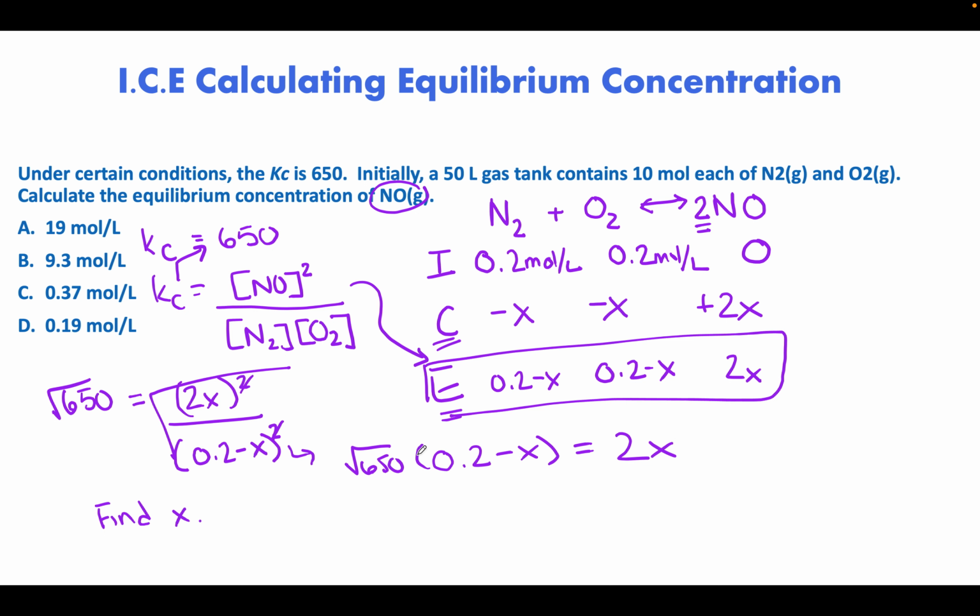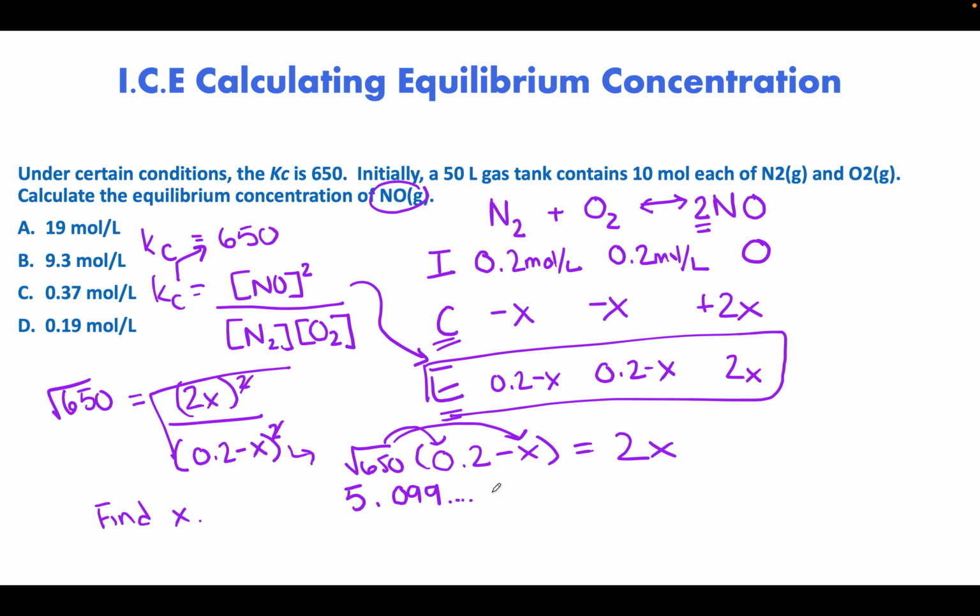So you can go ahead and use your calculator and multiply that root 650 through, and try not to round too early because that will affect your answer. So I'm just putting this into my calculator, and from my first calculation, I will get 5.099, and I'll keep that value in my calculator.